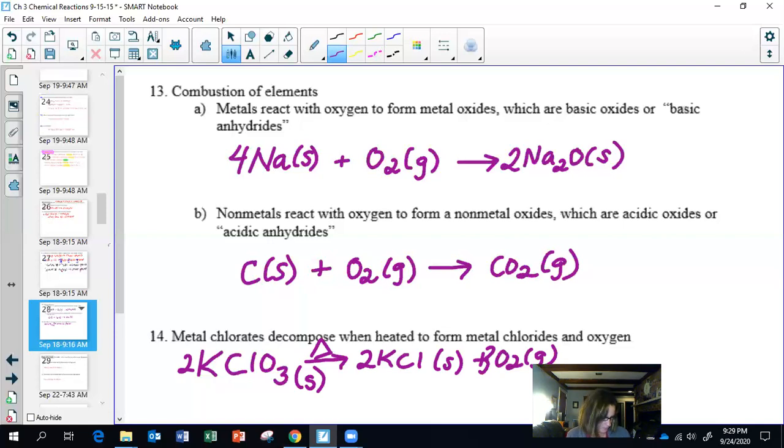So on page 4 of your notes, you should have a variety of examples of simple redox reactions. You might want to go take another look at these and note how oxidation numbers are changing, who's being oxidized, who's being reduced. We'll talk a lot more about that in the coming days, but these are some things that you should recall from the first year of chemistry.